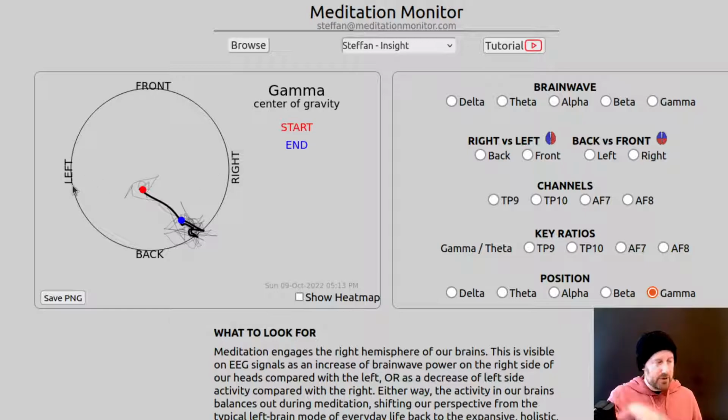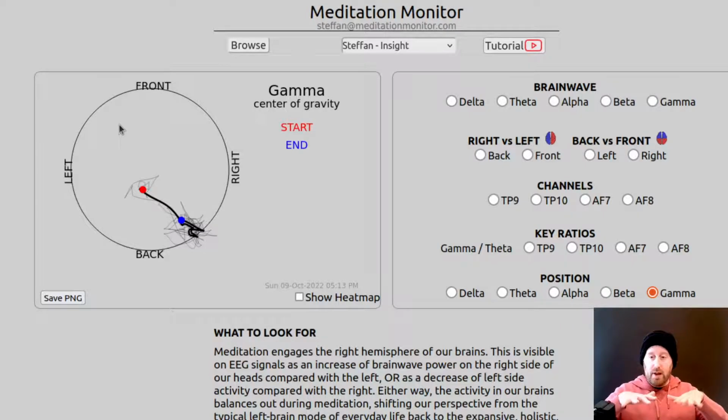You're looking down on the top, and wherever the dots or lines are indicates where the most amount of that particular brainwave is. That doesn't mean that's where the brainwave is focused in the brain, but it's where the most amount of it is, where the balance of it is.